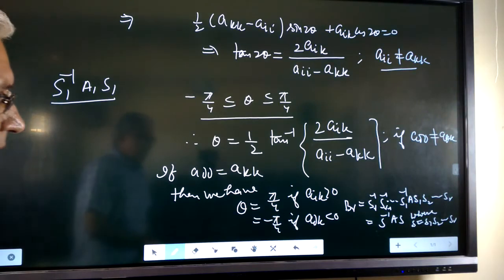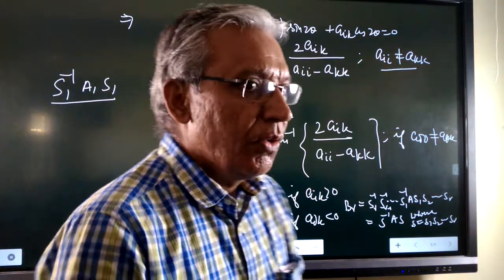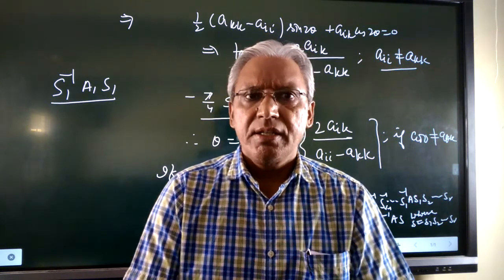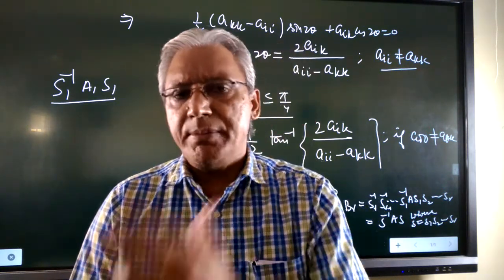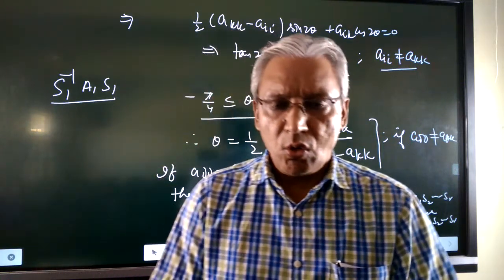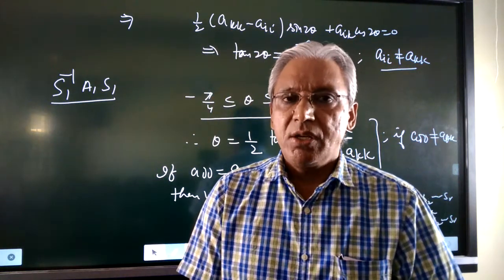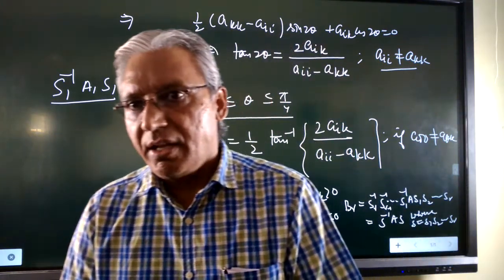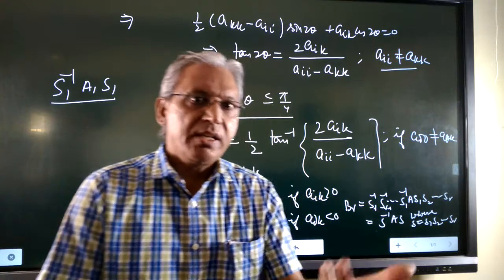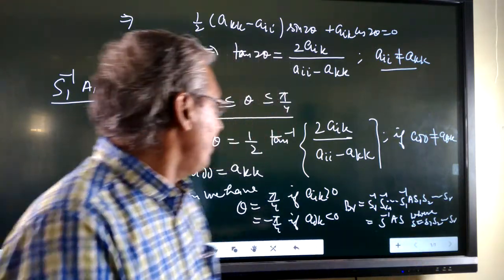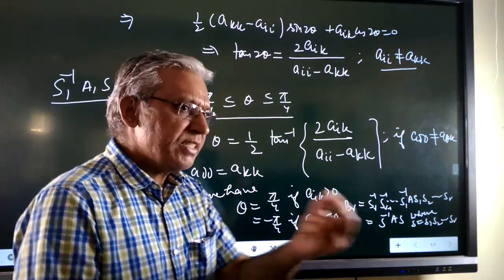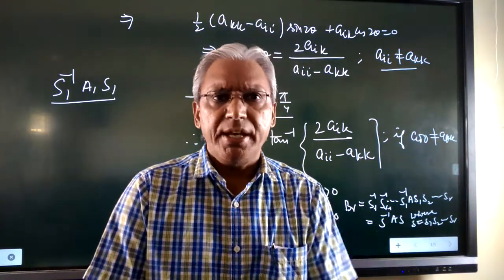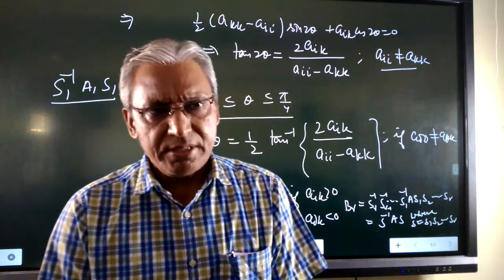Now in the second step, we again choose the numerically largest element among the off diagonal elements of the new rotated matrix, and again we find the value of theta. At each step, similarly, we repeat this process.